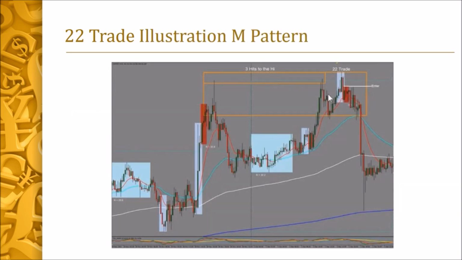Here's the illustration of the 22 trade M pattern. In this scenario, I assume that on my left, where my cursor is moving, there are already 3 levels going up. After having those 3 levels, we had the first leg setting that day's high.